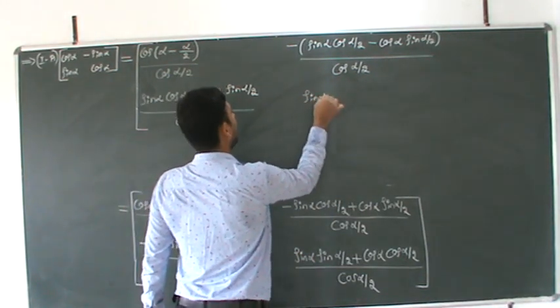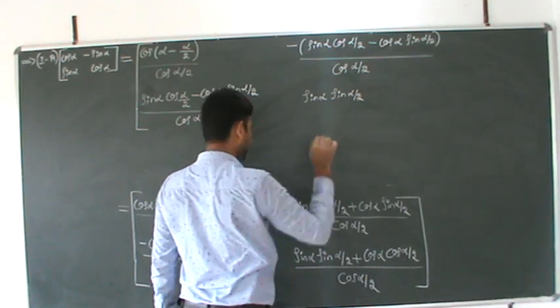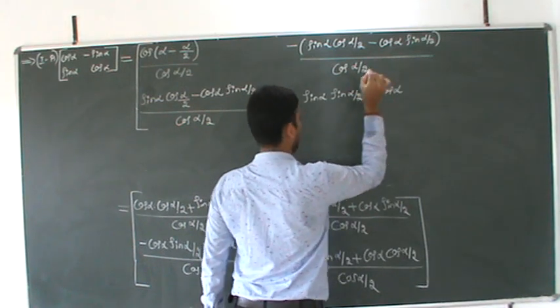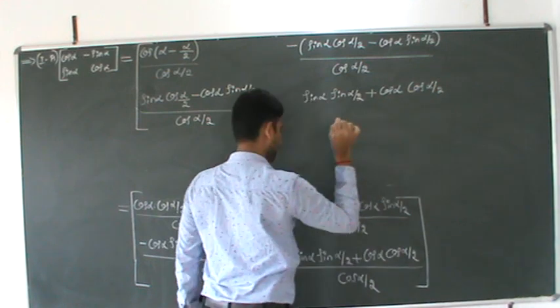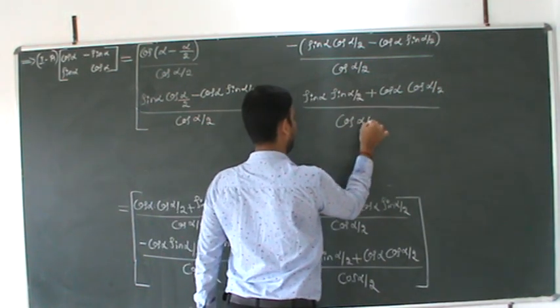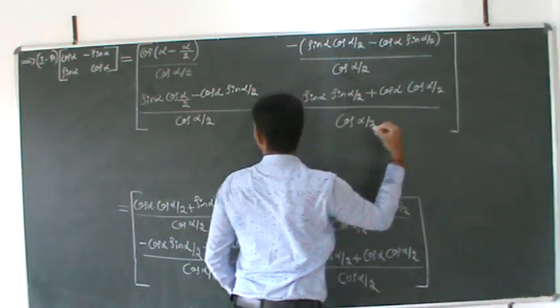After that, keep as it is: sin alpha by 2 plus cos alpha by 2, whole divided by cos alpha by 2. Bracket. Correct?